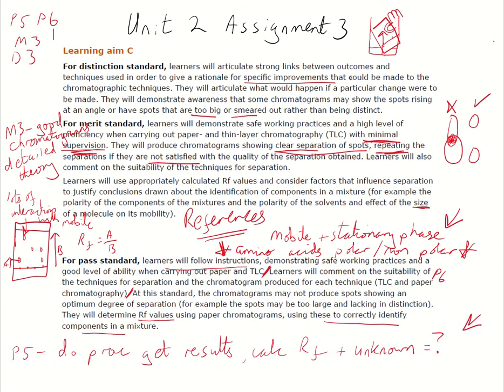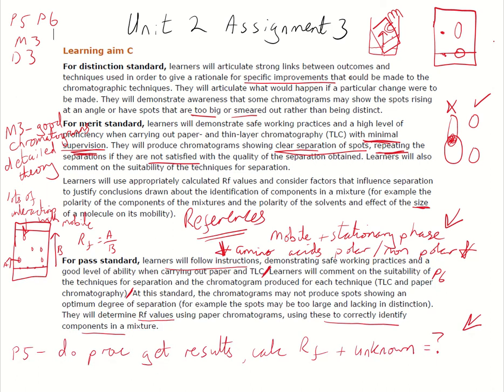If things are too big or smeared out, generally when you're putting your chemicals on, what you want to do is, as I'm trying to get across here, tap quickly a few times so that you get a concentrated small point, and then what you should get is a nice clear small one there. If you just tap and leave it on so that you end up with a big blob of material there, then what you will generally see is a big smear up the chromatogram as well.